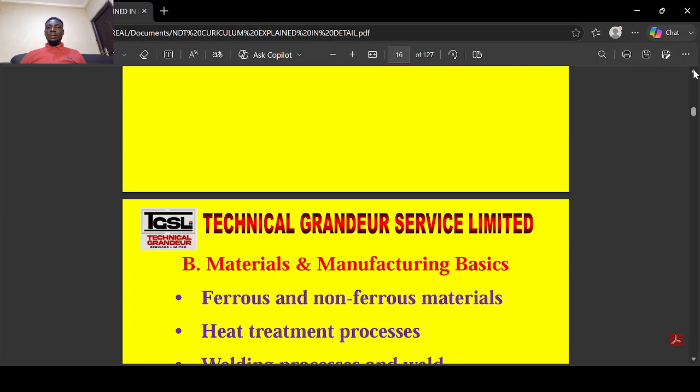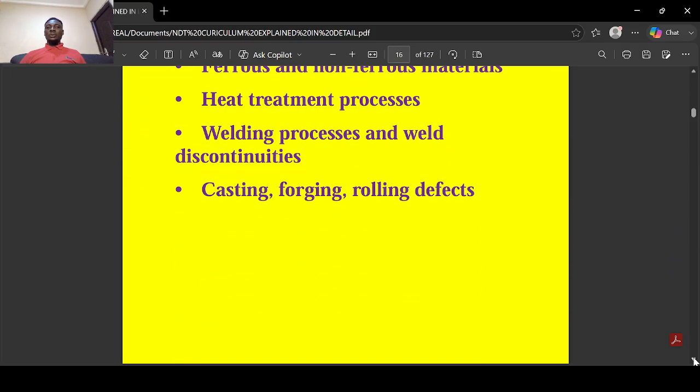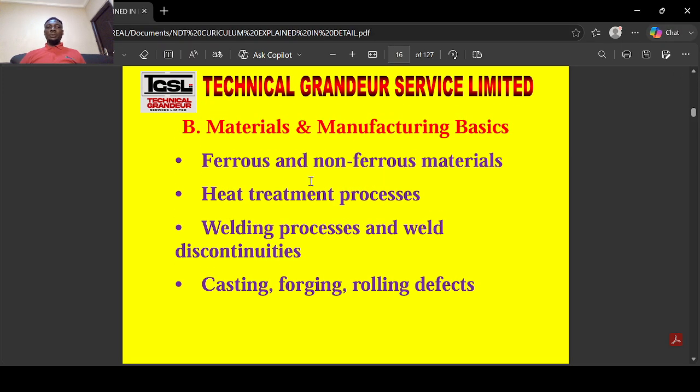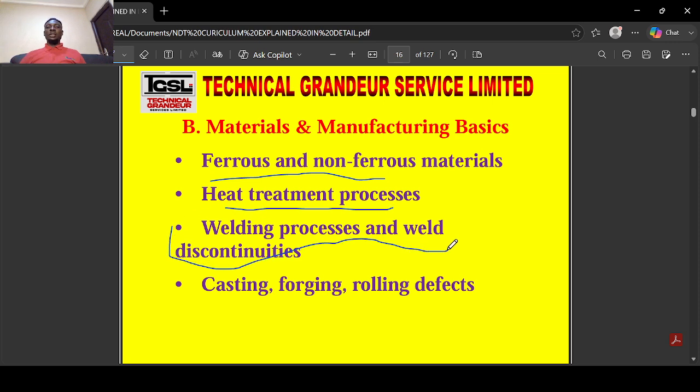We talked about materials and manufacturing bases, ferrous and non-ferrous materials. We also talked about heat treatment and processes, then welding processes and discontinuities. Then we talked about casting, forging, and rolling defects at the last, which is chapter 3.